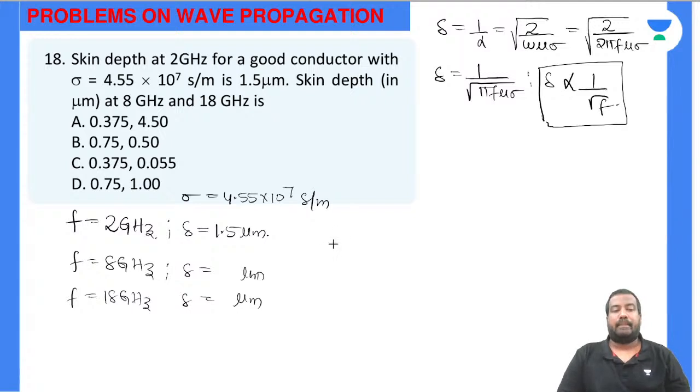So now you tell me. At 2 gigahertz, the value is 1.5 micrometer. What is the value at 8 and 18?